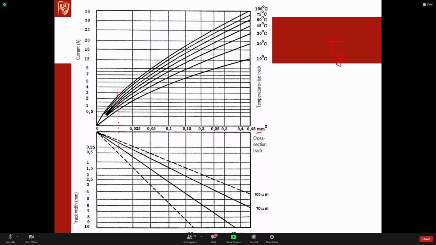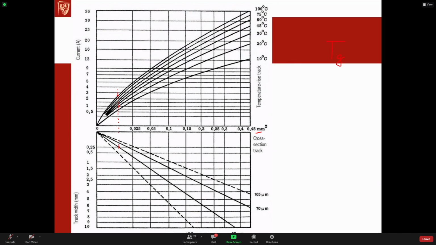So actually, getting to this point is usually very, very dangerous. And in my opinion, you shouldn't cross the 20 degrees point. That's fairly safe, because of course it will heat up the PCB and the surroundings.